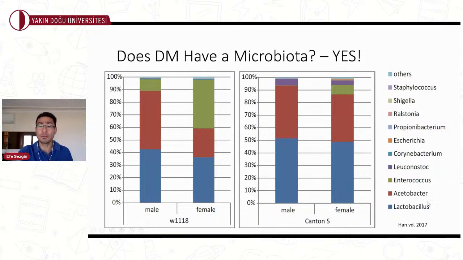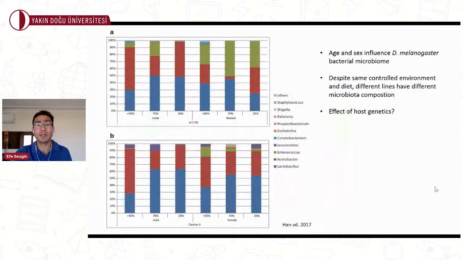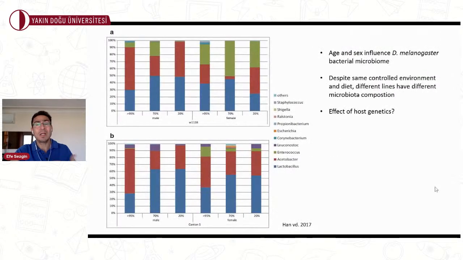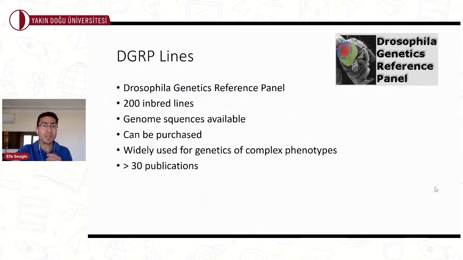We have Lactobacillus, Acetobacter, Enterococcus, and so forth. It's a simpler but still diverse microbiota. And just like in humans, there's a sex difference, and the microbiota also changes by age, so there is an aging effect. So this shows that Drosophila can be a good model to study microbiota. This is what I am going to focus on as well.